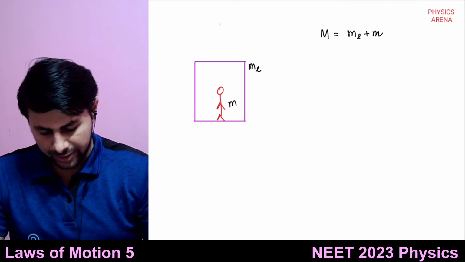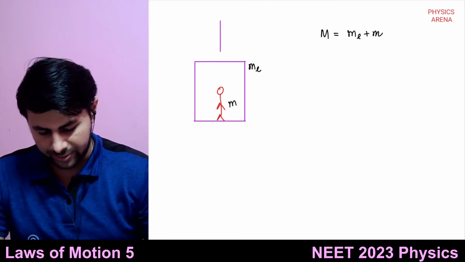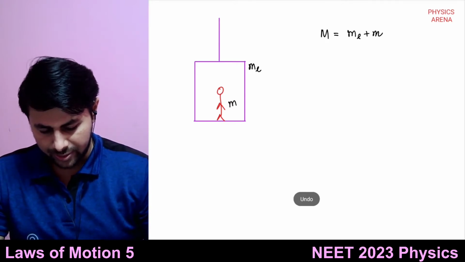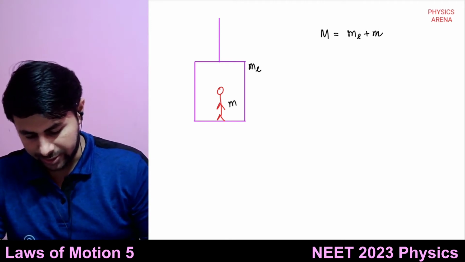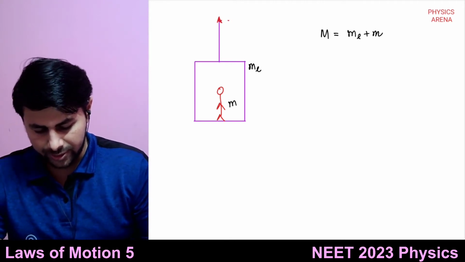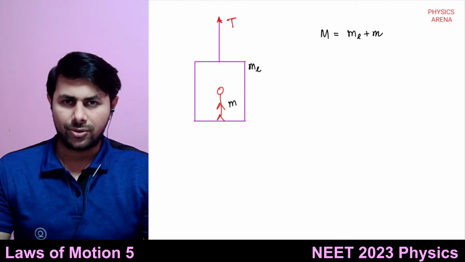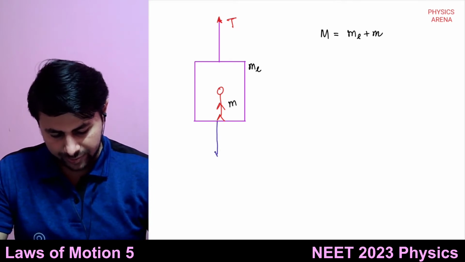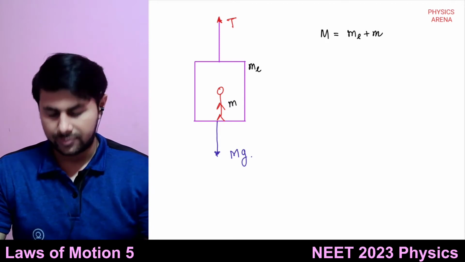There is this string connected to the lift. This is the rope of the lift, so there will be some tension inside this rope. Suppose the tension is T. The total weight acting downwards is equal to capital M times g.